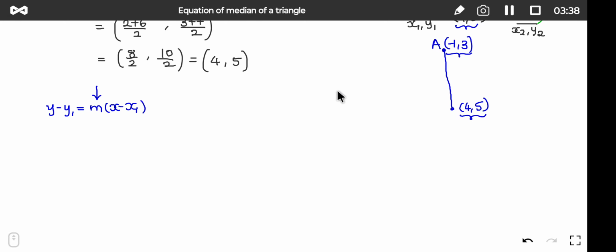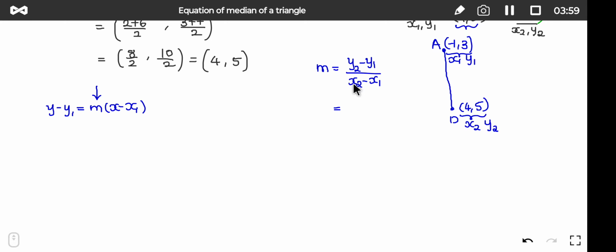Two points are given, so we can easily find the slope by using the formula m is equal to (y2 minus y1) divided by (x2 minus x1). We know the 2 points, so let's consider A point is (x1, y1) and D point is (x2, y2).